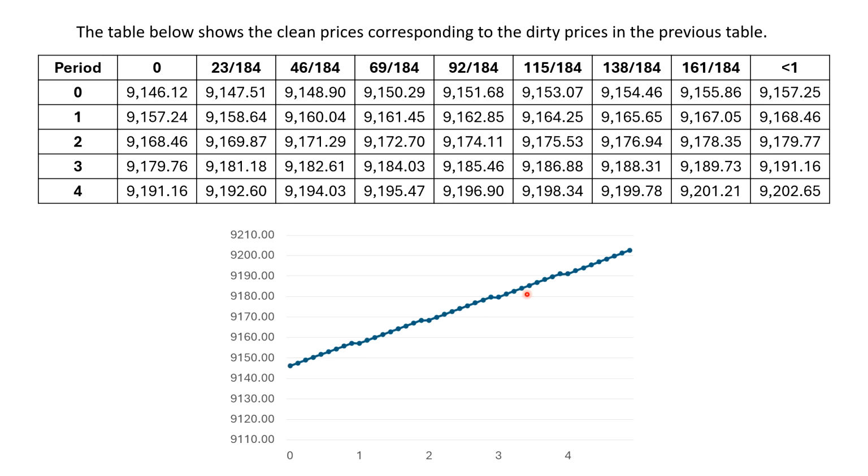So you essentially get a straight line. And this, again, as I said on the last slide, is what's advertised. If you want to buy a bond, you'll see this clean price advertised. And then what you actually pay is the dirty price.